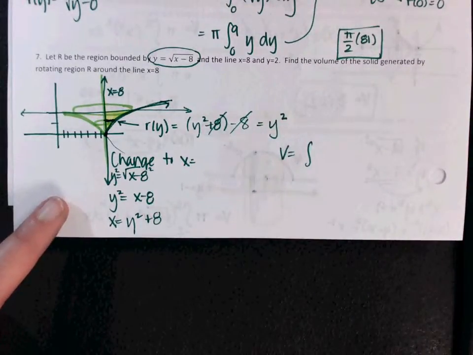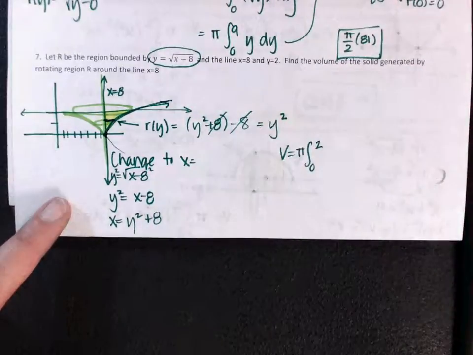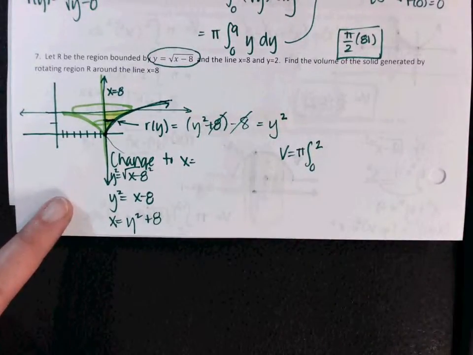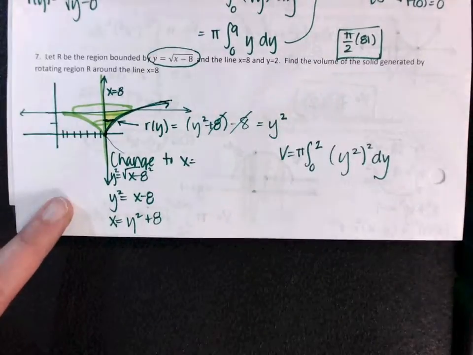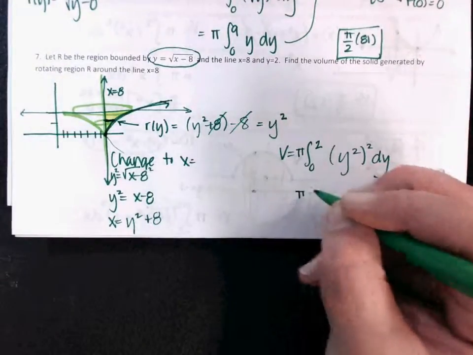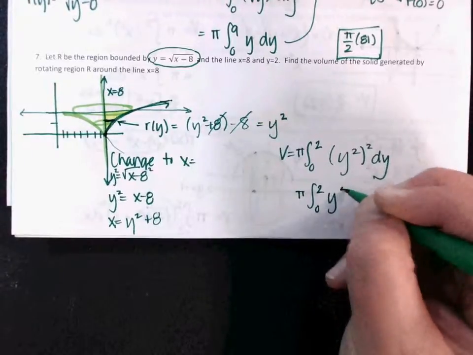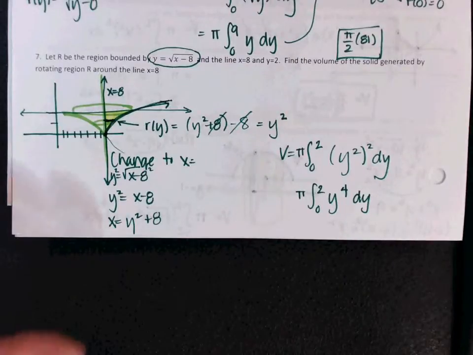What about the pi? Oh yeah. Pi, 0 till 2. And then it'd be your radius squared, which is y squared squared dy. And then y squared squared is the same as what? Y to the 4th. And then you do your antiderivative, plug in your numbers. Everything works out easy. Okay?